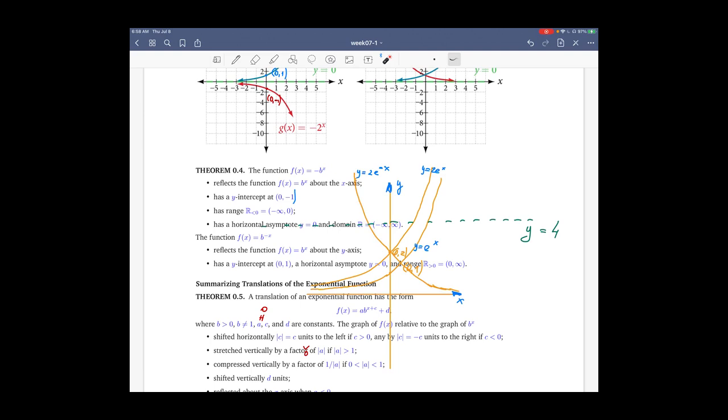So the y-intercept will now be at the point 0, 6.